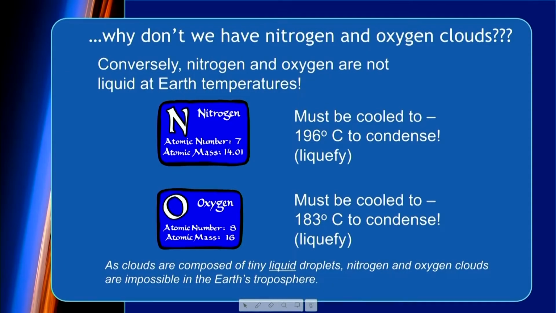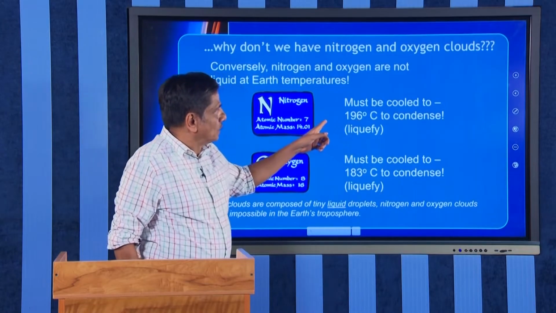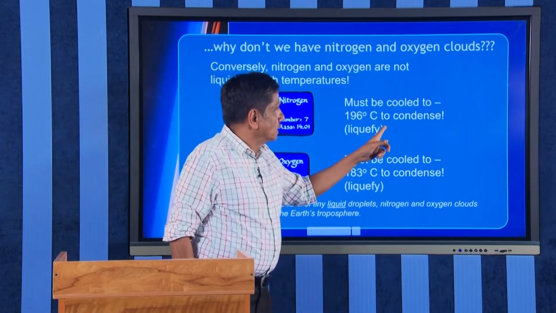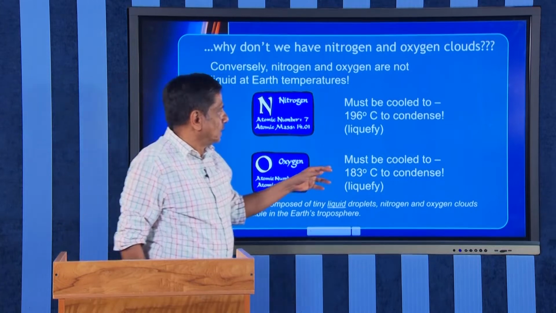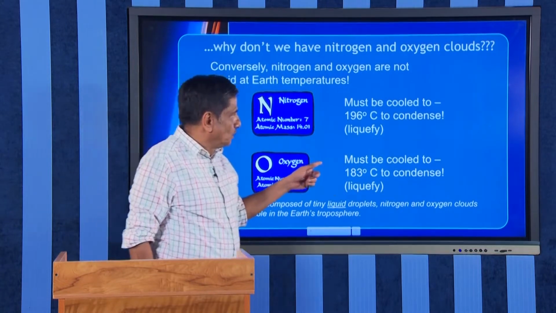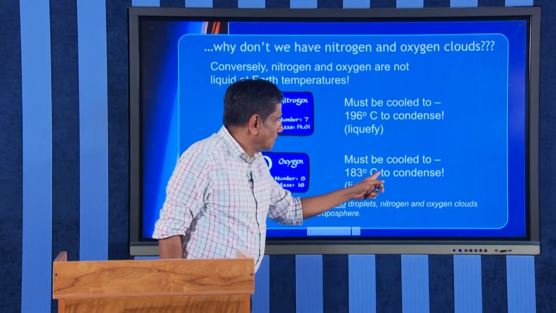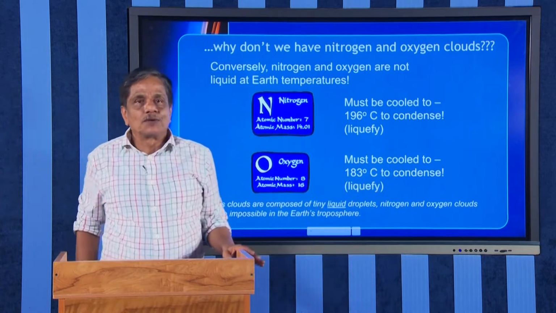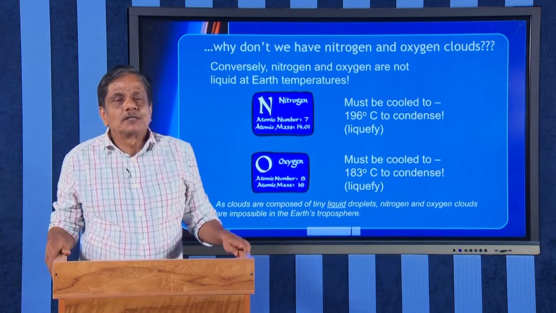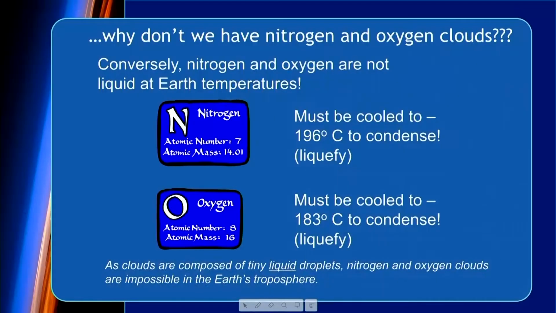In order to liquefy nitrogen, the temperature must be extremely cold. It must be cooled to minus 196 degrees centigrade to condense. And oxygen must be cooled to minus 183 degrees centigrade to condense. Therefore, these possibilities are quite rare, or impossible. Therefore, nitrogen and oxygen clouds are impossible.